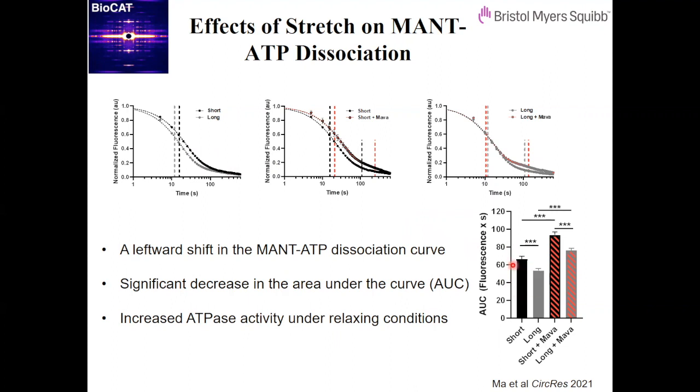The area under the curve is inversely related to the ensemble ATPase activity. A decrease in the curve means there's an increase in ATPase activity. And if you have mavacamten, you basically increase the curve and decrease the ATPase activity. So stretch induces higher ATPase activity.